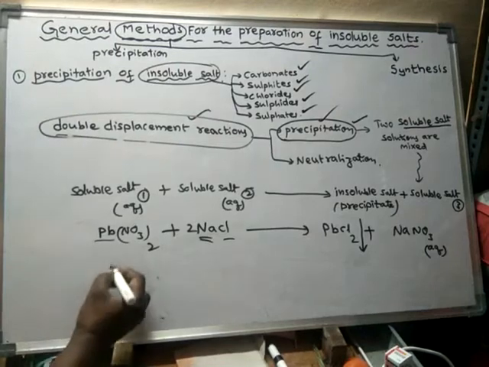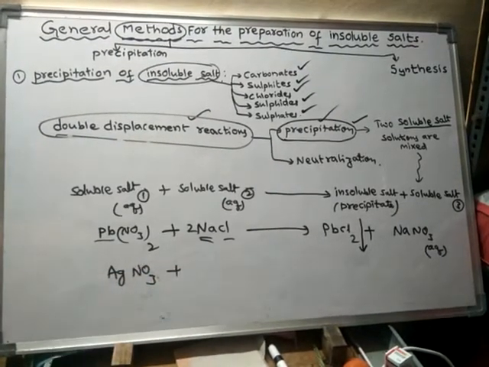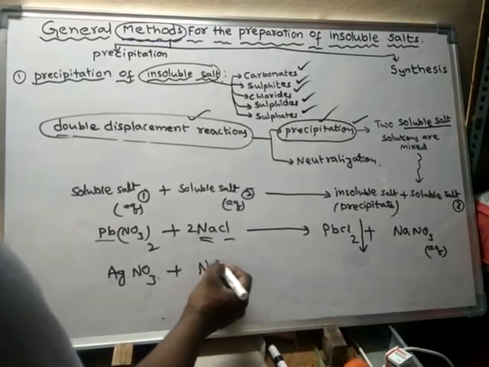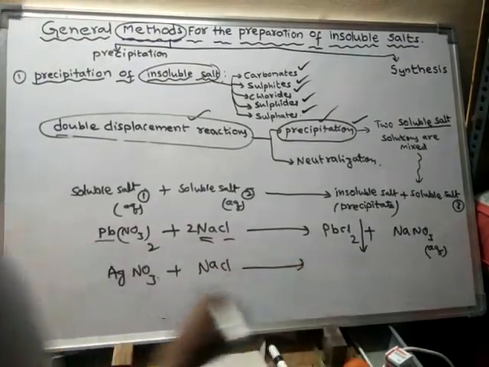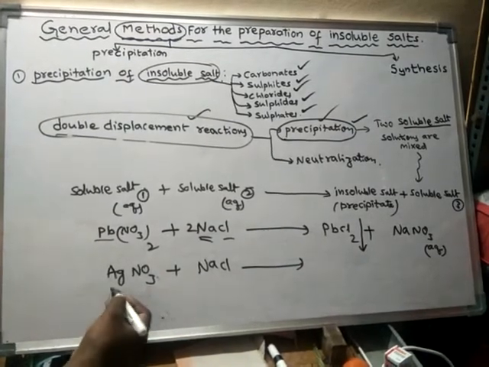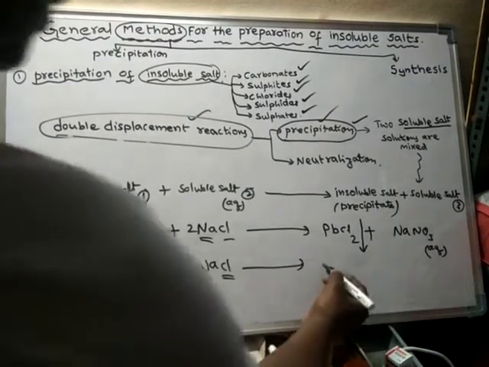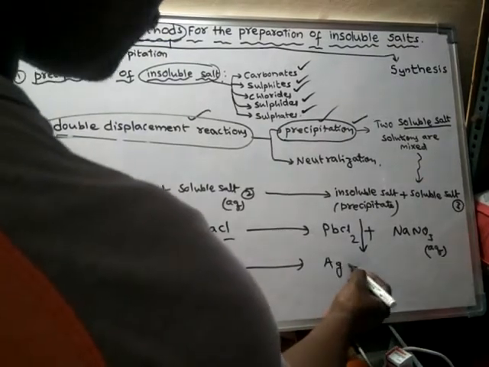Another example: if you take silver nitrate, it is a soluble salt. Take sodium chloride, also a soluble salt. What happens? Again exchange of ions takes place. Silver takes chlorine and sodium takes nitrate. So it forms silver chloride.